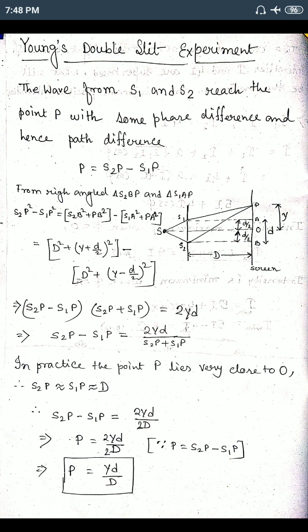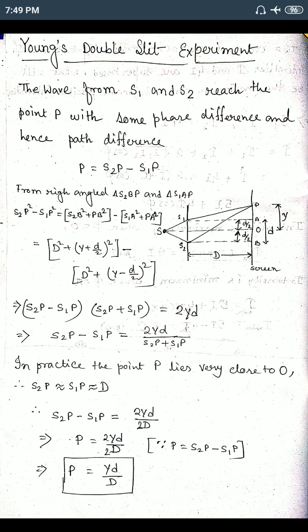Clear? Now, because point P lies very close to the center point O, we can consider the distances S2P and S1P to be similar, each equal to D. So in place of S2P plus S1P, we get D plus D, that is 2D.